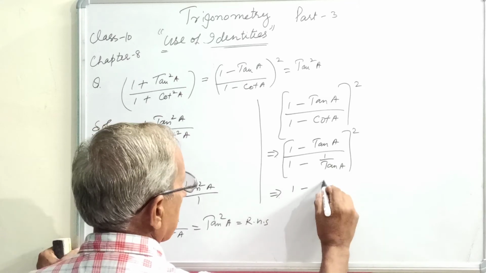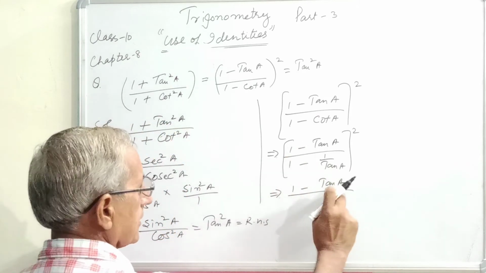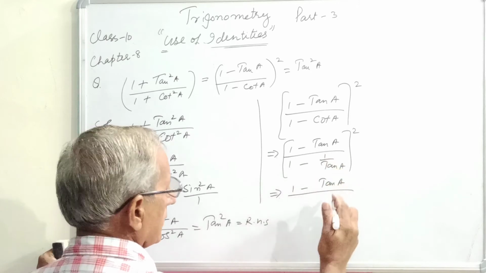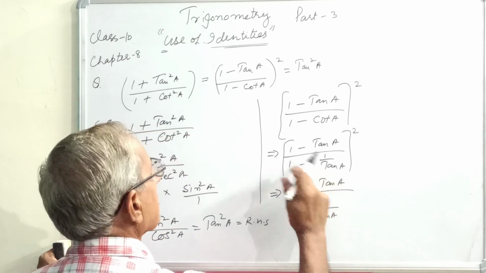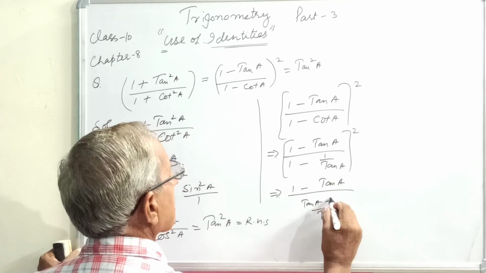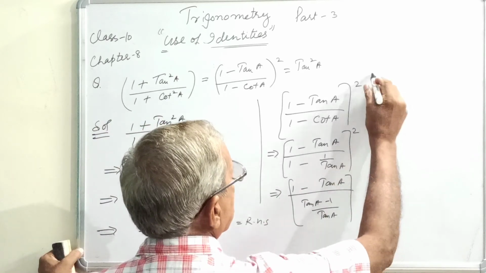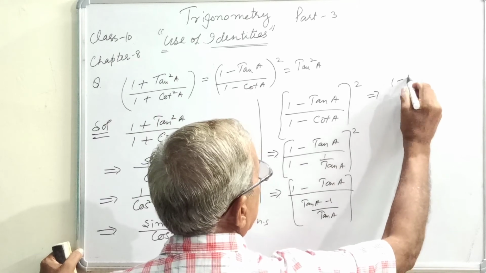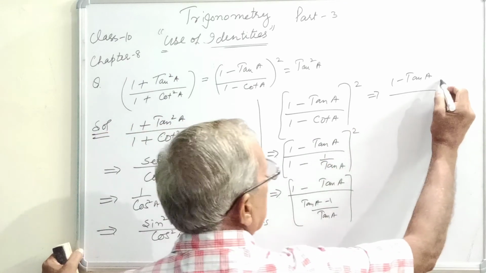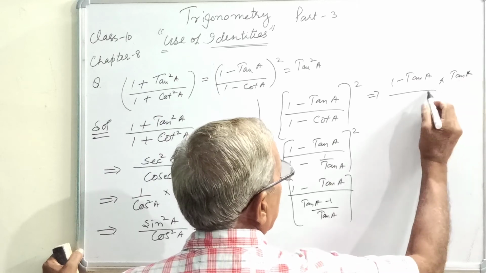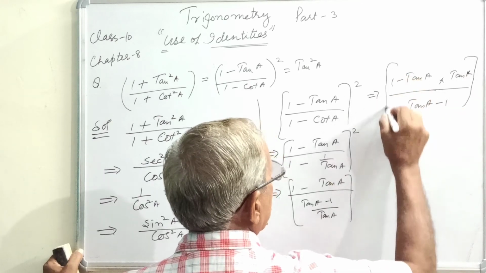So 1 minus tangent A in the numerator, and in the denominator 1 minus 1 upon tangent A. Take the LCM. LCM is tangent A, so it has become tangent A minus 1. So 1 minus tangent A, change this, tangent A upon tangent A minus 1 whole square.